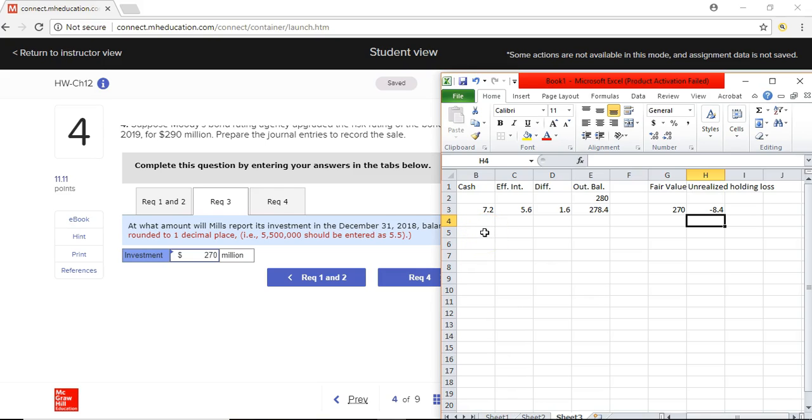Instead, we debit an unrealized holding loss on the income statement for $8.4 million and credit the fair value adjustment account by $8.4 million.